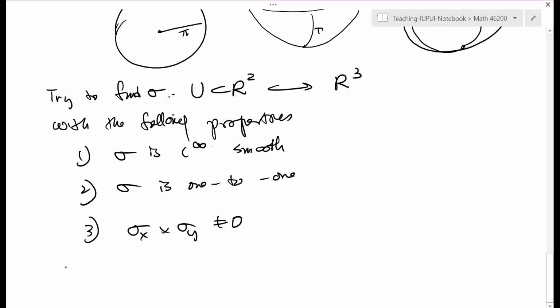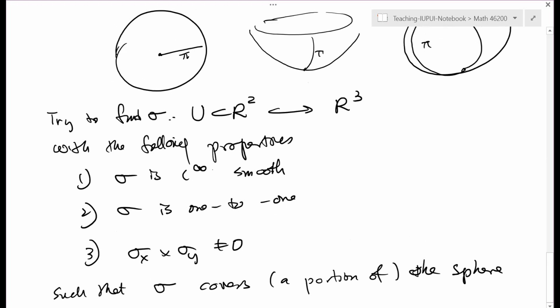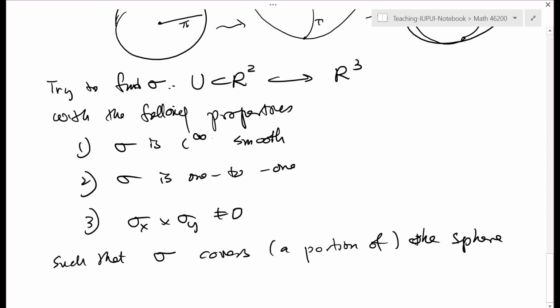And such that sigma covers a portion of the sphere. I don't think I can cover the whole sphere. If I imagine my picture sequence, I think I can cover the whole sphere except for the North Pole if I want.